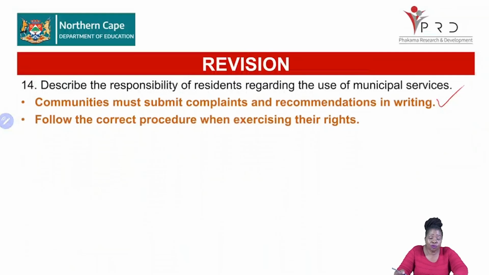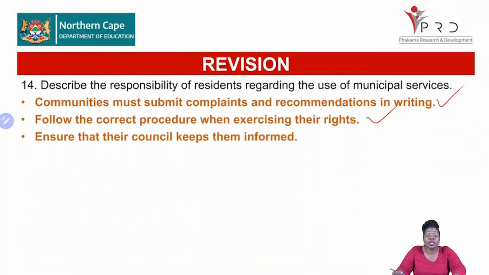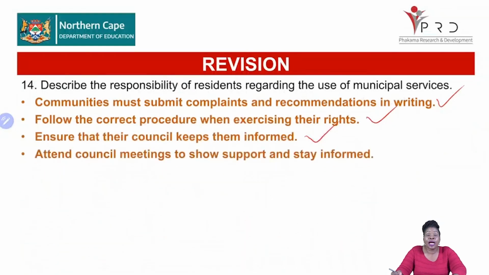They should also follow the correct procedure when exercising their rights. Also, they should ensure that their council keeps them informed. Right, and also they should attend council meetings to show support and also to stay informed.